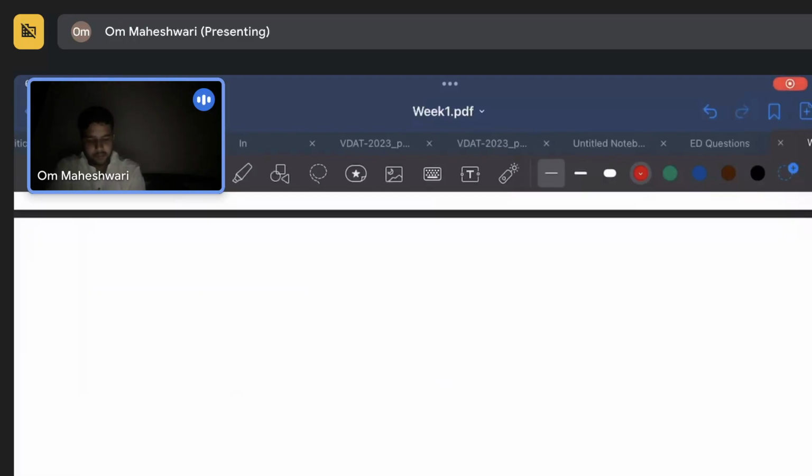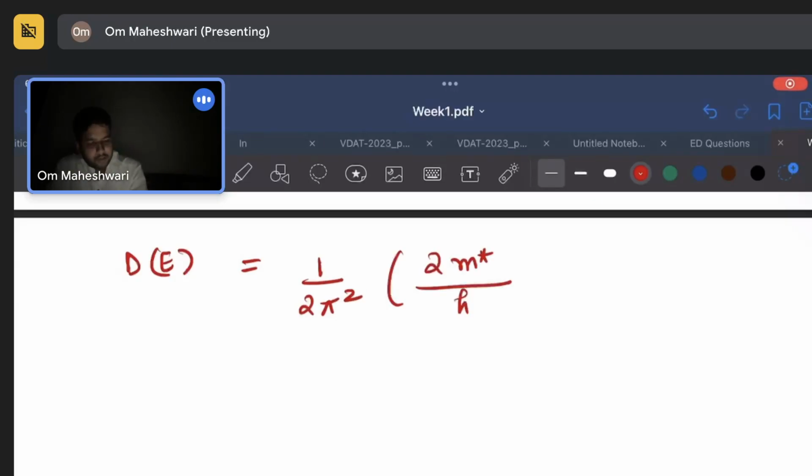Let us call it D of E. So density of states is a function of energy. It is given by 1 upon 2 pi square, for silicon I'm writing, 2 m star by h cross square to the power 3 by 2, under root E minus EC.